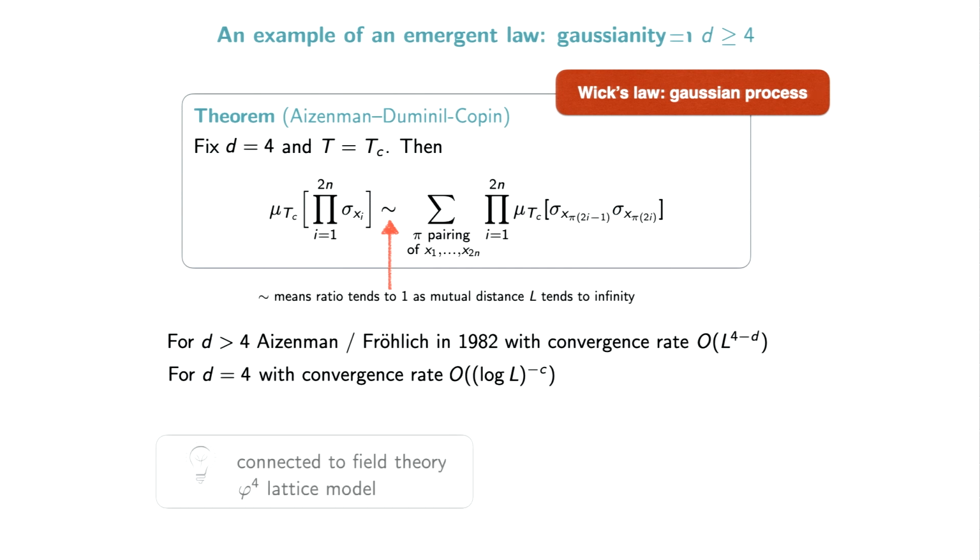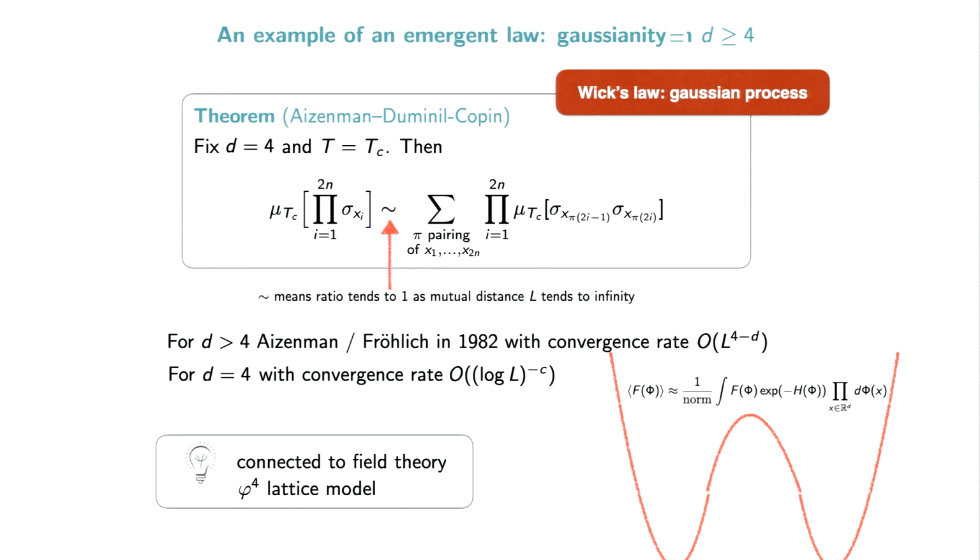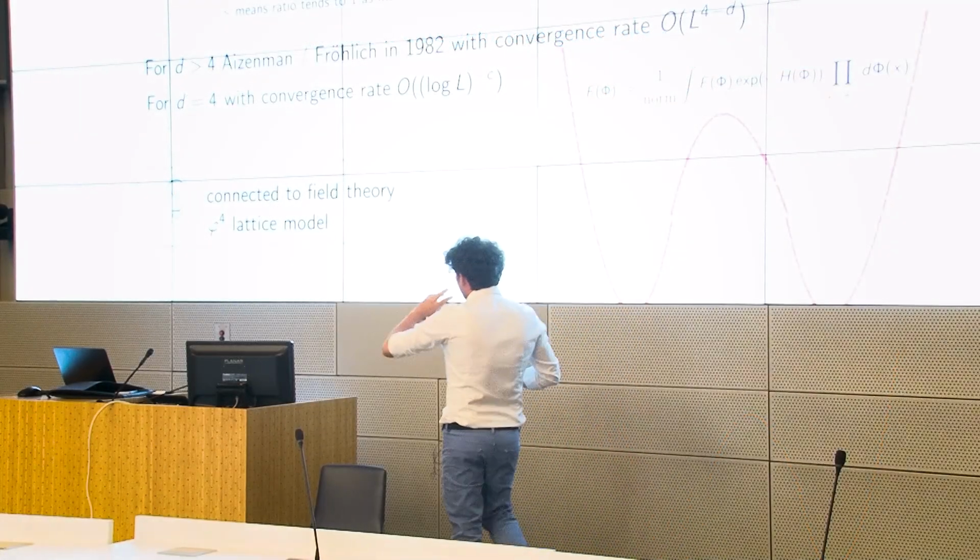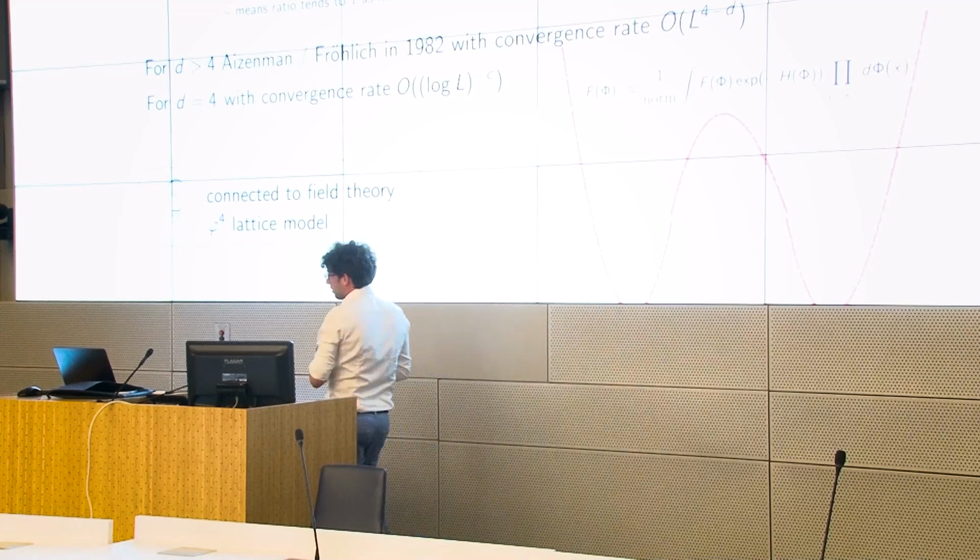It's called triviality because the proof works for the Ising model, but it works for a large class of models called the phi-4 models. These phi-4 models are natural discretizations of what you would like to do as a field theorist if you want to introduce a field theory that would describe particles in interaction. You would like to introduce a phi-4 interaction.